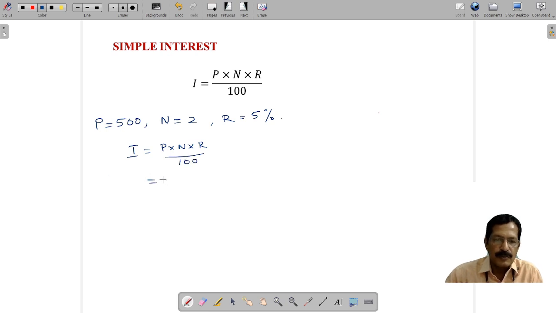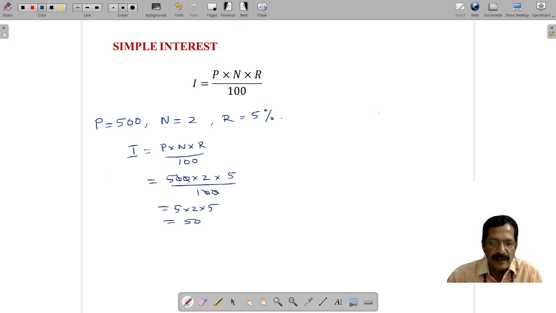P is 500, N is 2, and the rate is 5 divided by 100. The zeros get cancelled, so it is 5 into 2 into 5, which is equal to 50. So the interest is 50.